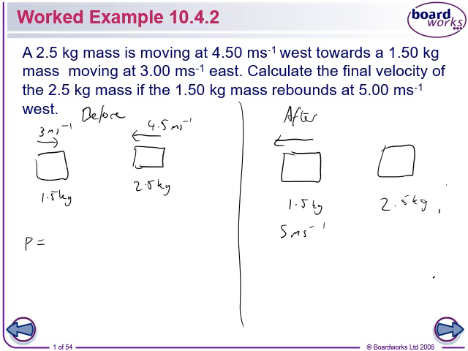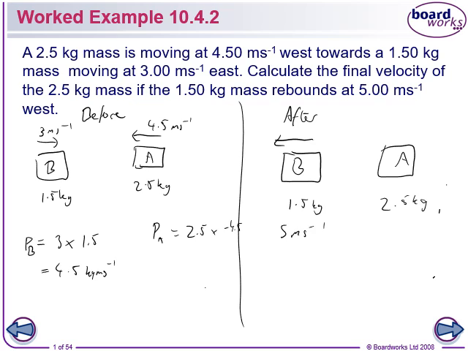So I'm going to call this block B and this one A. The momentum of B is 3 multiplied by 1.5, which is 4.5 kilogram meters per second. The momentum of A is 2.5 multiplied by negative 4.5.